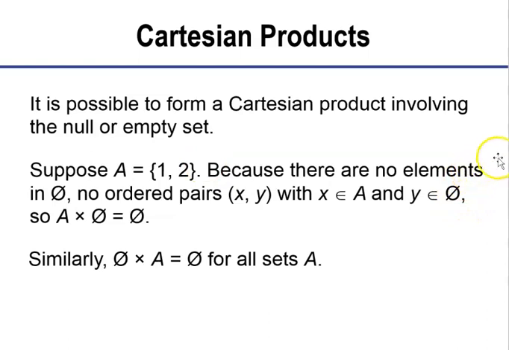Nothing. So if you do a cross product with the empty set, it wouldn't matter if you did A cross the empty set or the empty set cross A, you get the empty set. So it's not impossible to do, but it sort of is.